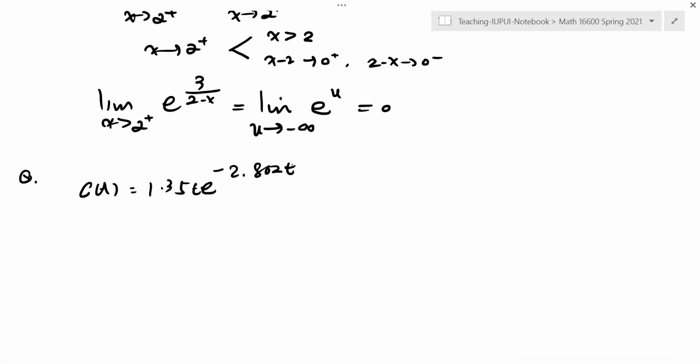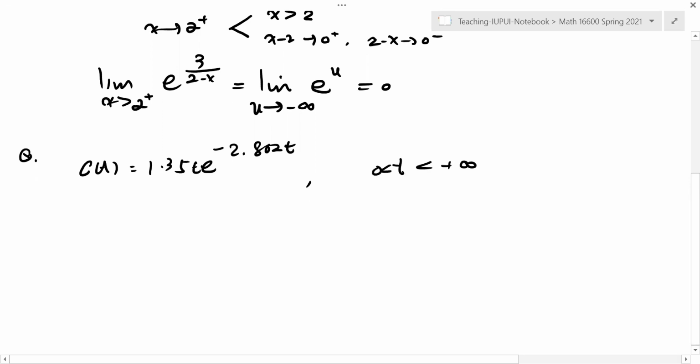This function is defined for t greater than 0, less than infinity, and we want to find the maximum value or minimum value. So look at this function.